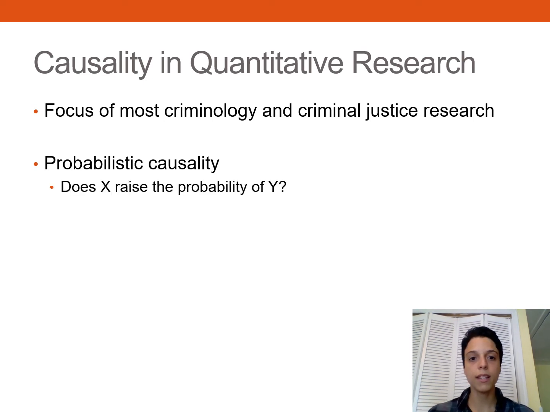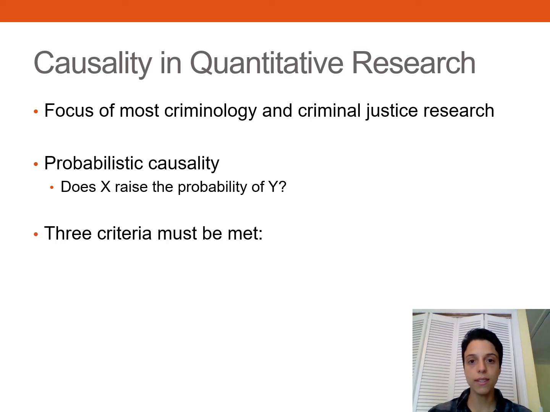So instead, we're looking at something called probabilistic causality. Or does X, your cause, raise the probability of Y, your effect? In other words, does this thing raise the chances of somebody committing crimes? Does this thing increase the chances of someone having a particular set of attitudes towards the police? So when we talk about causality in this lecture, that's what I'm going to be talking about.